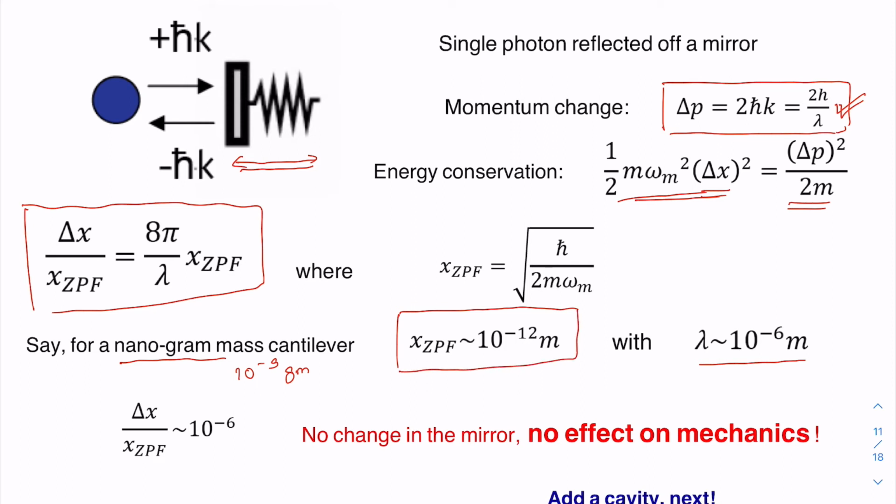and if we put all these things, then you see the ratio would turn out to be only 10 to the power minus 6, which is actually not detectable. What does it mean physically?